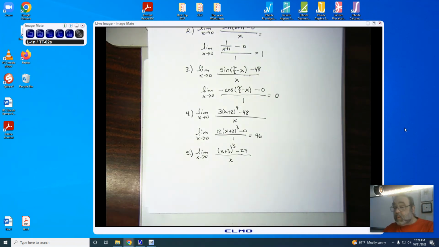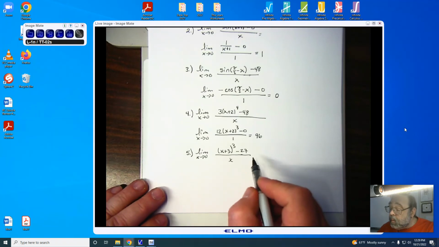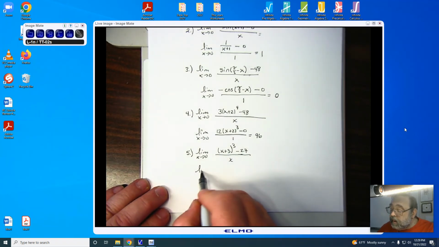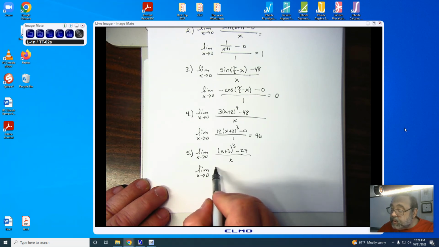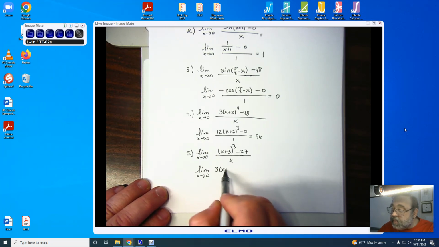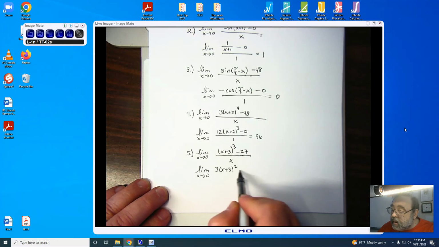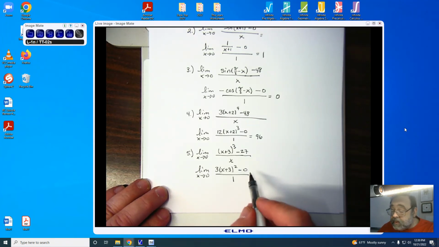As we saw before, we're getting 0 over 0 when we plug in the value. That's always the first step. And then once we recognize the 0 over 0, we use L'Hopital's rule. 3 times (x plus 3) to the second power minus 0 divided by 1. And now I have 9 times 3 makes 27.